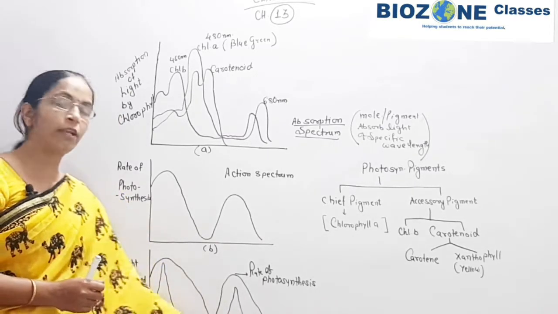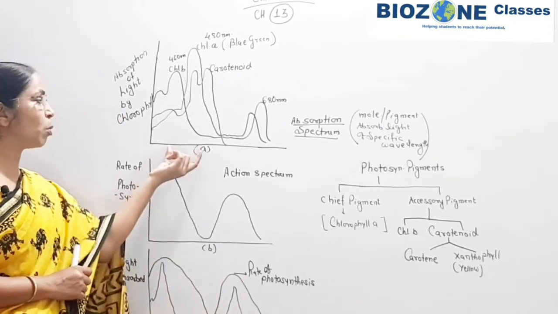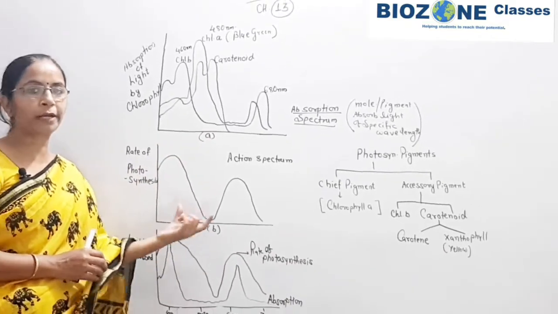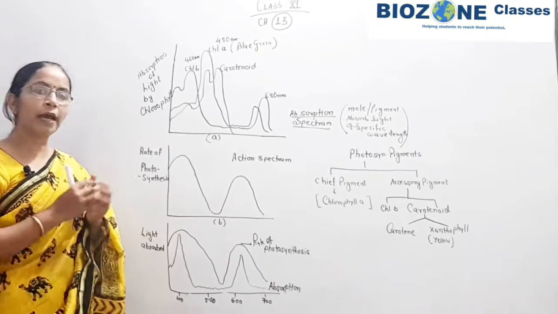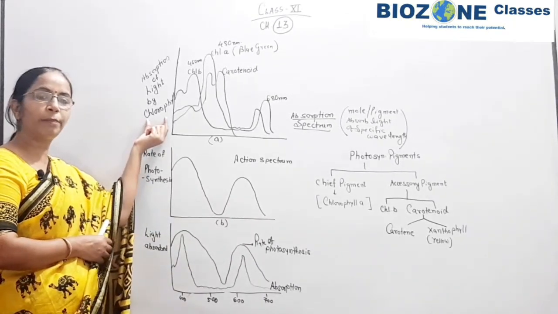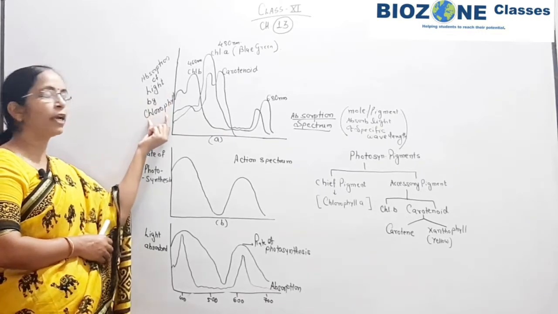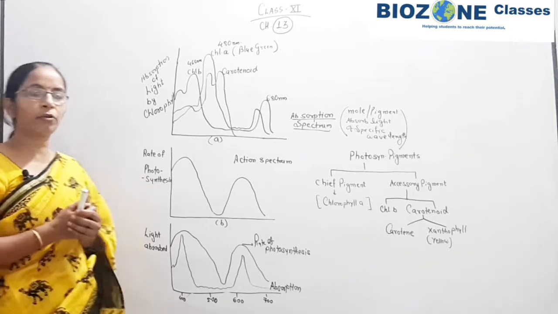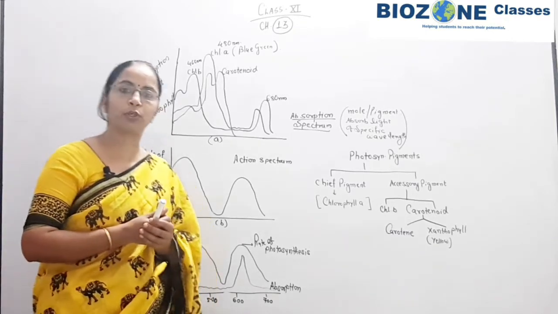The same wavelength of light we use for these two graphs also, that is for the absorption spectrum and action spectrum. The parameter for the y-axis here is the absorption of light by chlorophyll. Not only chlorophyll, carotenoid is also responsible for absorption of light.